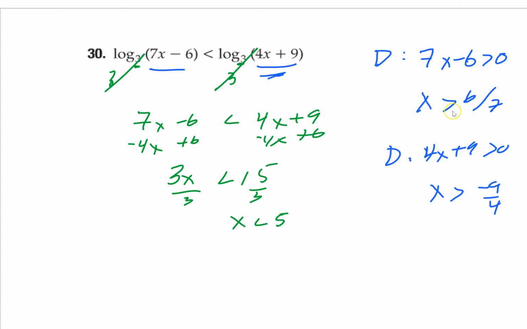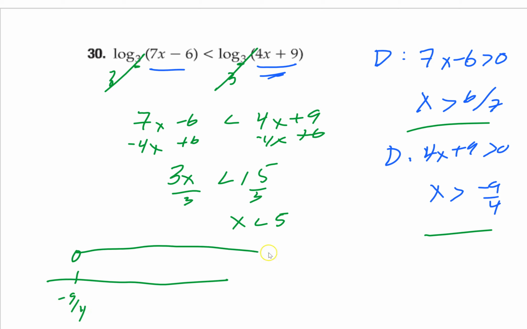So I have these two domains and this. If you want to figure out what the answer is, the easiest thing to do is probably just graph it all and see where we land. Negative 9/4 is over here, open circle that way. 6/7 and 5: 6/7 is less than 5, so 6/7 will come next.